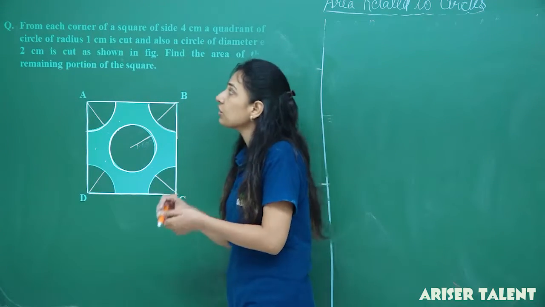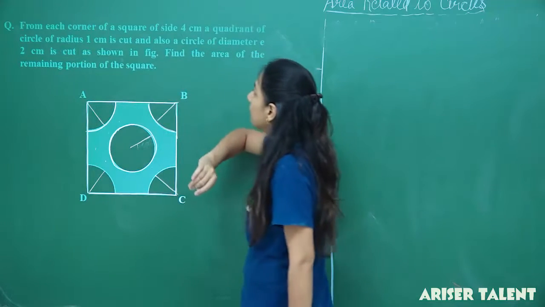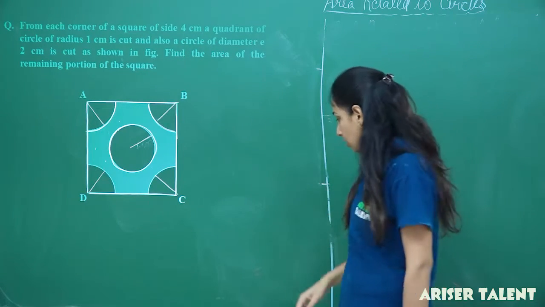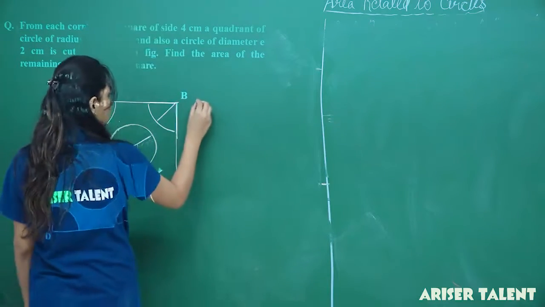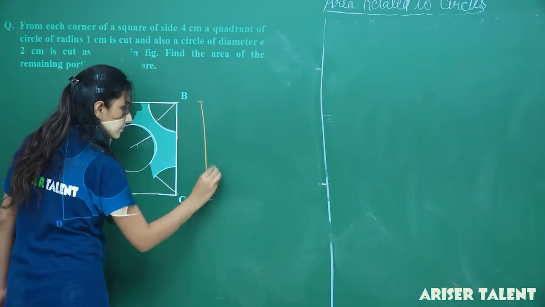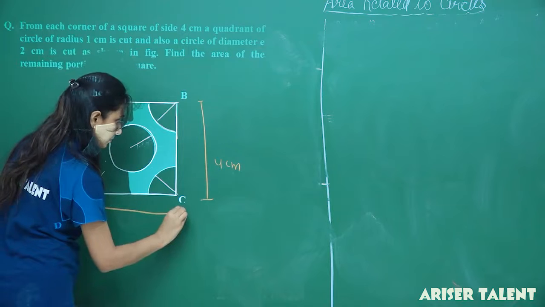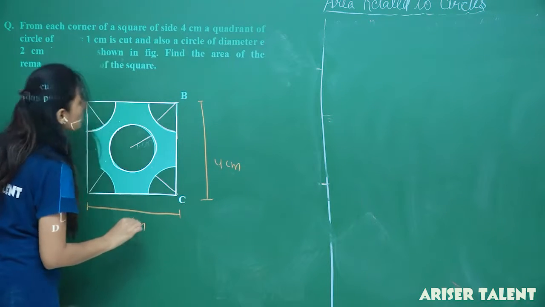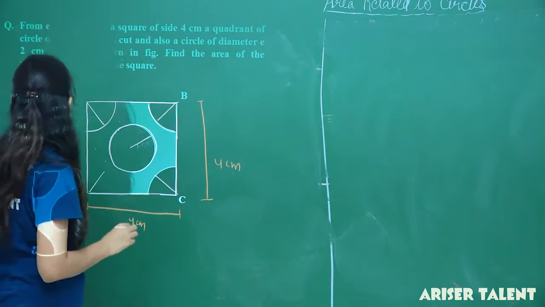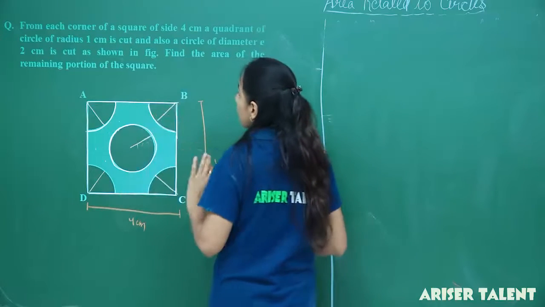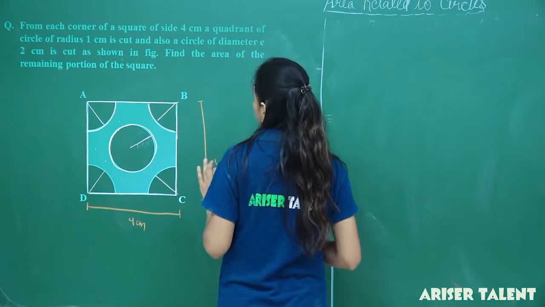I will look at the question: from each corner of a square of side 4 centimeter. So, this is given, 4 centimeter each side. Now, again, what is it saying? It is saying that a quadrant of a circle of radius 1 centimeter is cut at a corner.